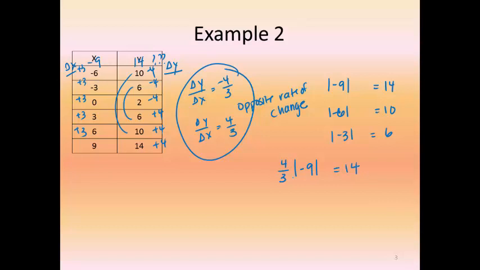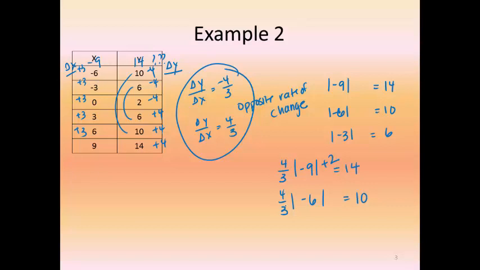Well, let's try it again. Let's just try, because I think we need a pattern before we just make any conclusions. So now, if you multiply 9 times 4/3, because it's the absolute value of negative 9, 9 times 4/3 is 12. 12 to 14, that means I would have to add 2.